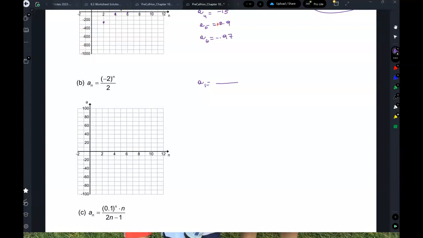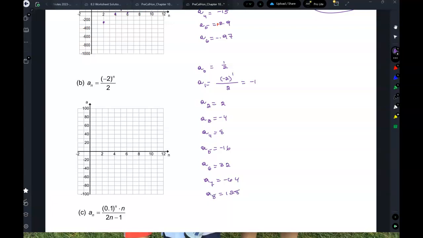Yes, it is. Okay, so negative 2 to the power of 1 over 2 is negative 1. Let's start at 0. What's a sub 0? Okay, so a sub 2 is 2. A sub 3 is negative 4. Then 8, negative 16, 32, and 128. Okay, so the question is always, how many do we need?